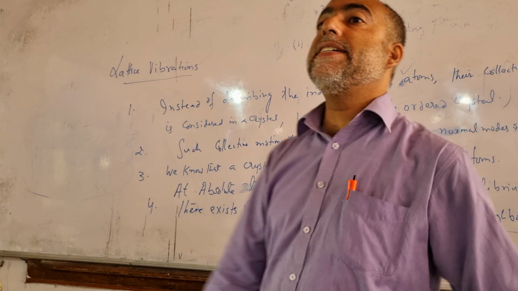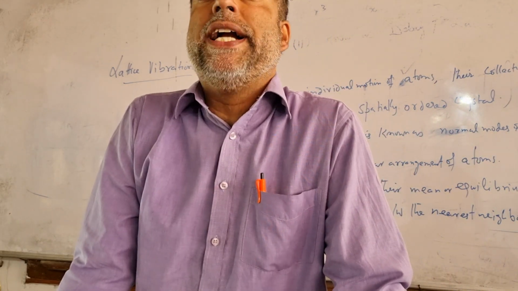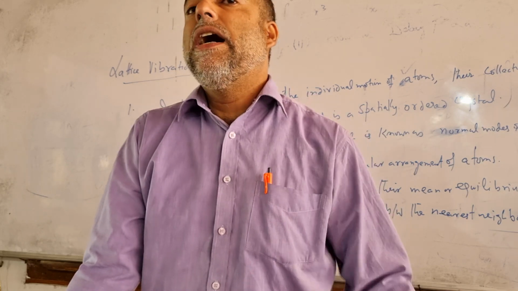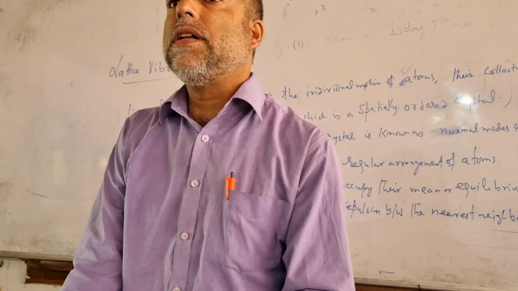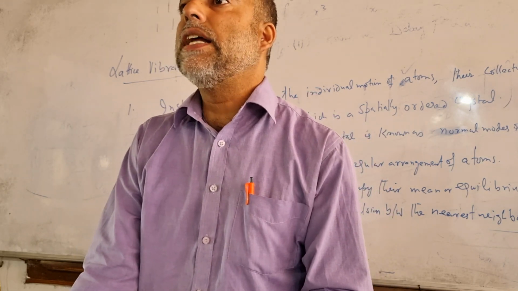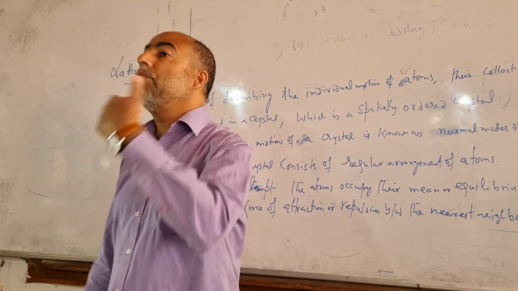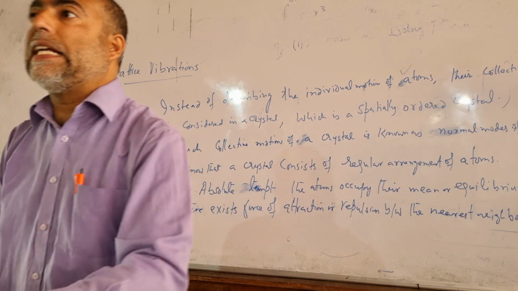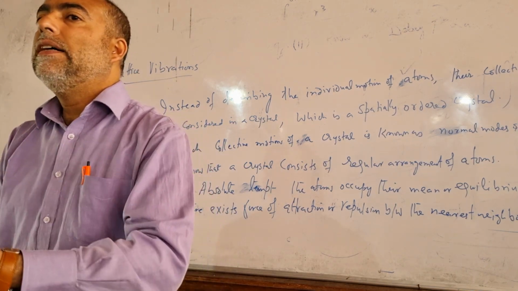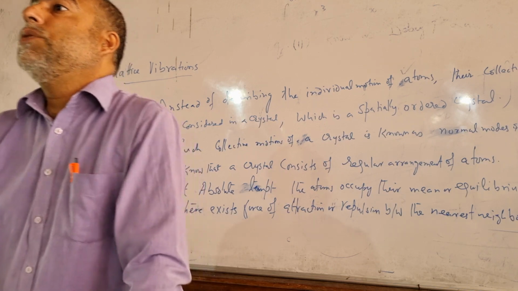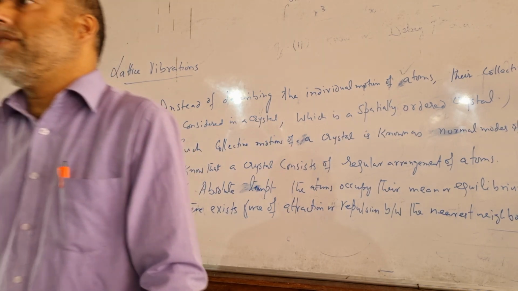It signifies that the motion or the movement is not restricted to a single atom, but the whole of a crystal. So the vibrations which are not restricted to a single atom, but of a whole crystal, these are known as lattice vibrations.